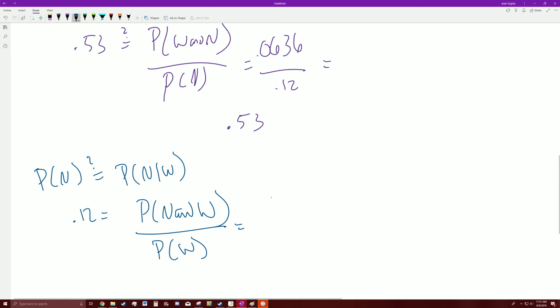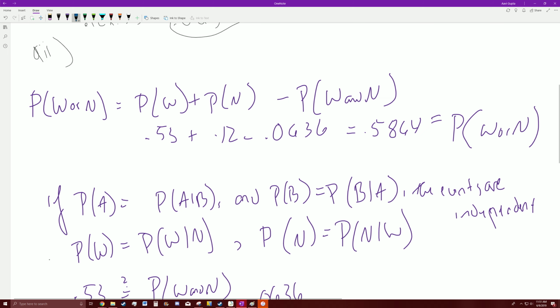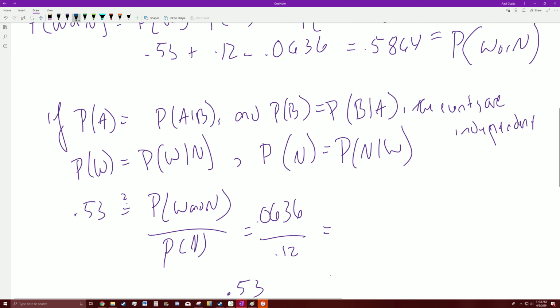We know that N and woman is 0.0636, and we know that woman is 0.53, and yes, this works out to 0.12. So now you can say because the probability of woman is equal to the probability of woman given never, and the probability of never is equal to the probability of never given woman, the two events are independent.